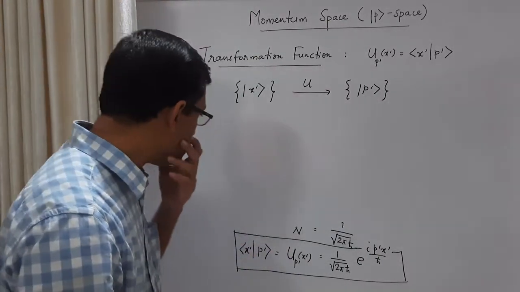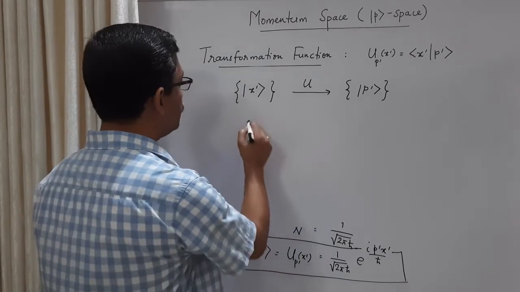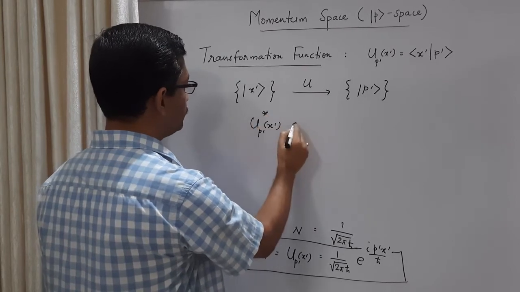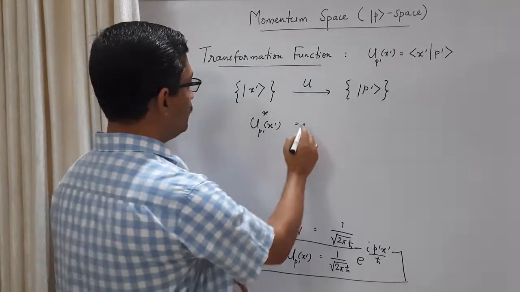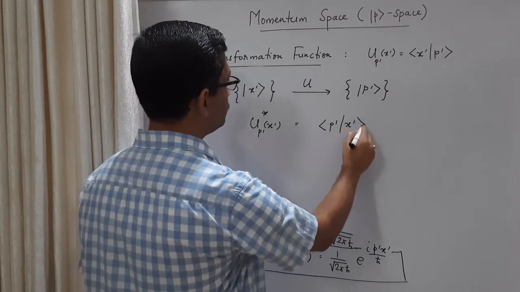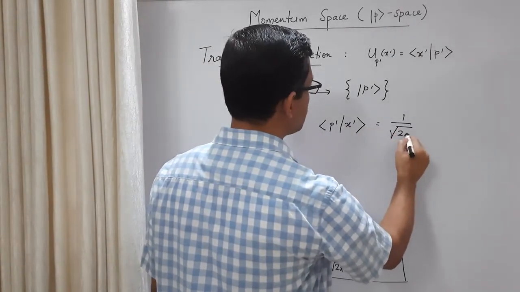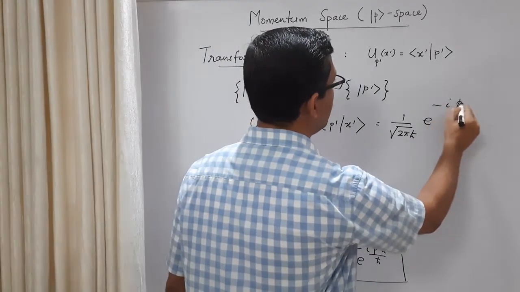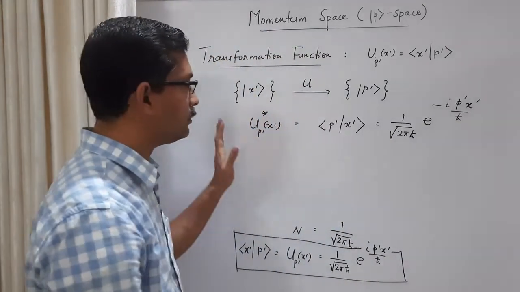And one more point is, if you take the complex conjugate of this one, u p prime x prime star, you can reverse the matrix element, or this inner product. So we have p prime x prime, and this is equal to 1 by root 2 pi h cross times the complex conjugate of this, e raised to minus i p prime x prime by h cross, right?